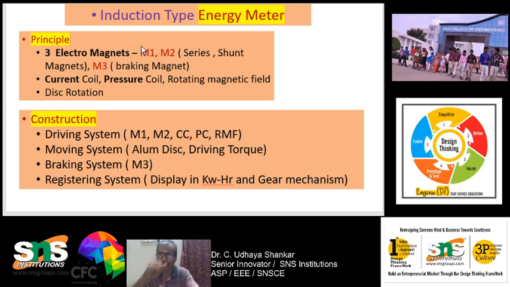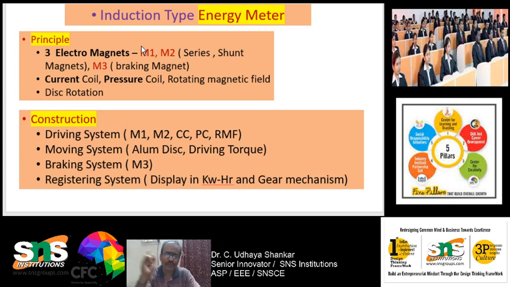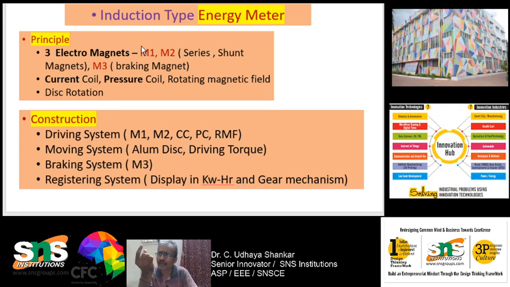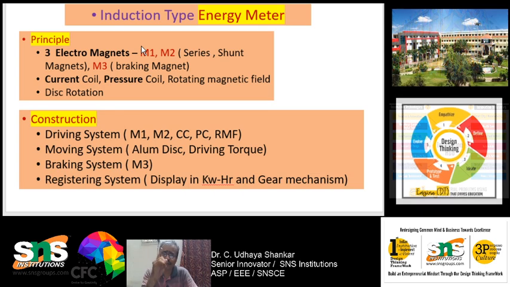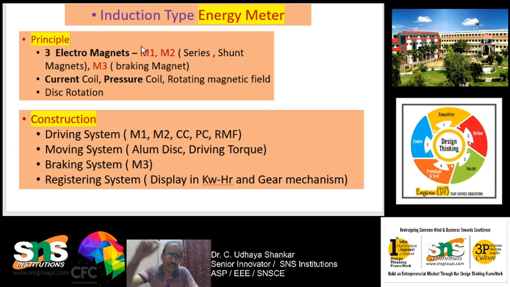If you place an aluminum disc in that particular rotating field, the disc will also rotate according to the magnetic field. It is something like when you place an iron ball and roll a magnet over it, that iron ball will follow that magnet.